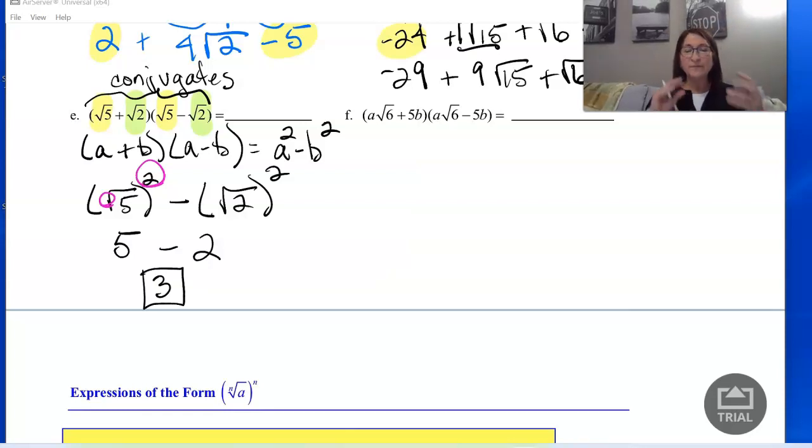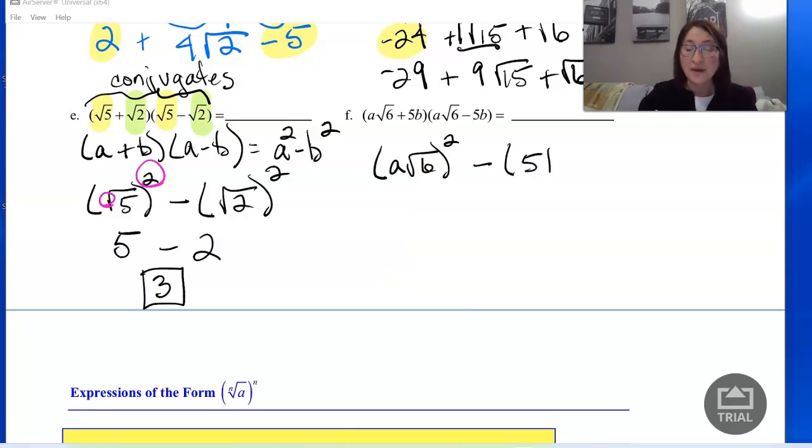All right. I have exactly the same thing going on with F. They are conjugates. So this is going to be a root 6 squared minus 5b squared. Okay. So I need to apply this exponent to both of the factors.